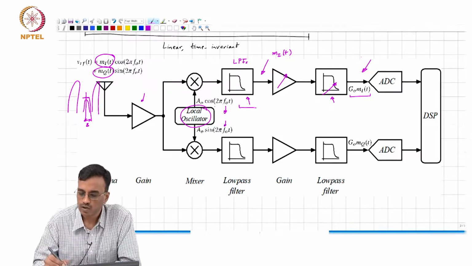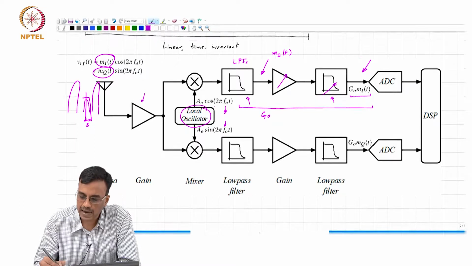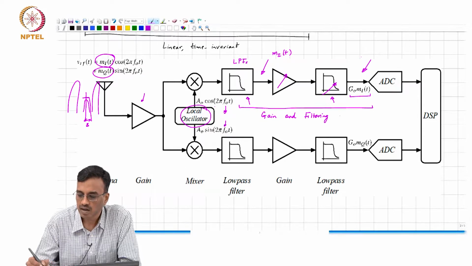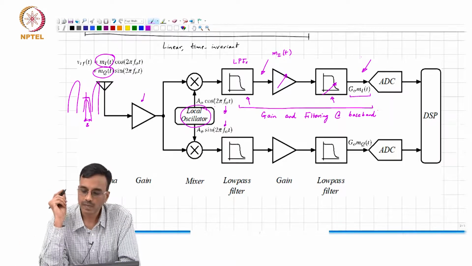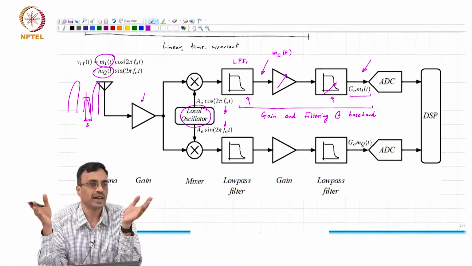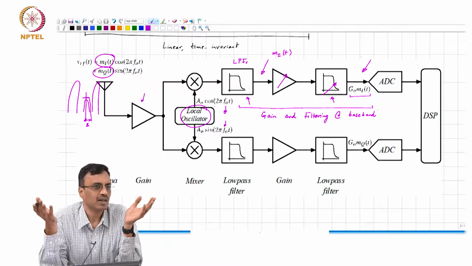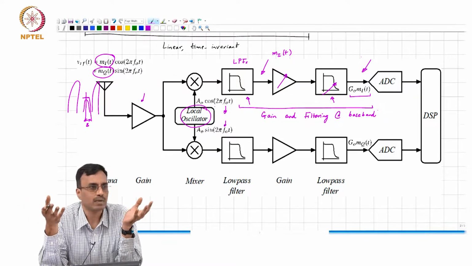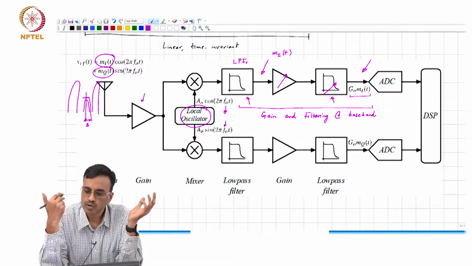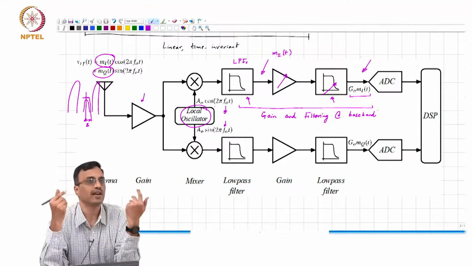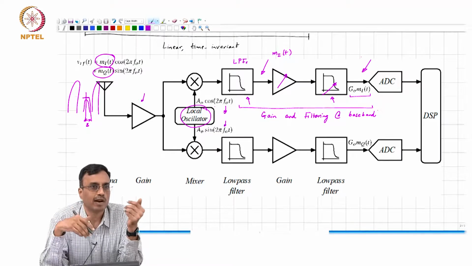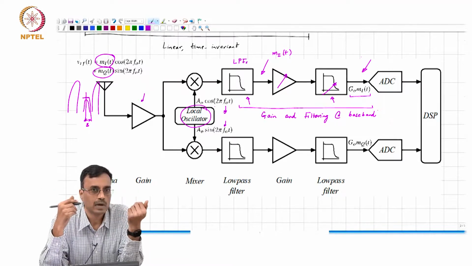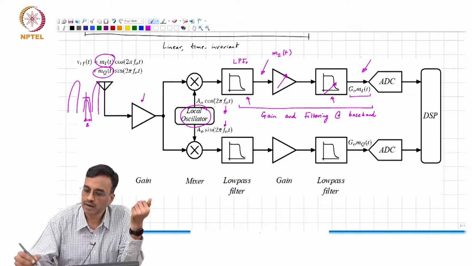So basically this is the baseband chain. Most of the gain and filtering is obtained at baseband. At low frequencies, the isolation you can get between nodes is much higher than the isolation you can get at RF. So the fact that you have a lot of gain at baseband is no longer problematic, because the isolation you can get is several orders of magnitude higher, and therefore feedback is not a problem.